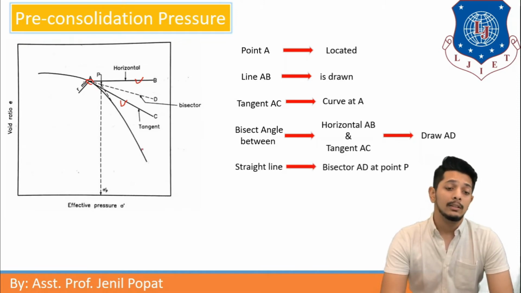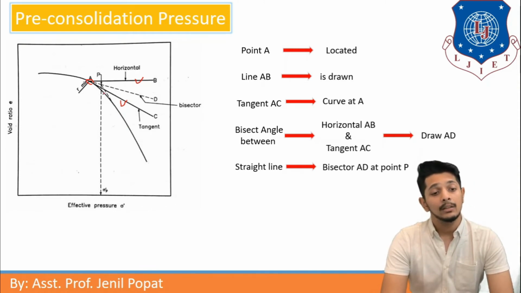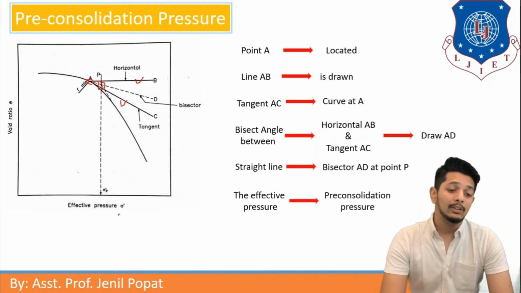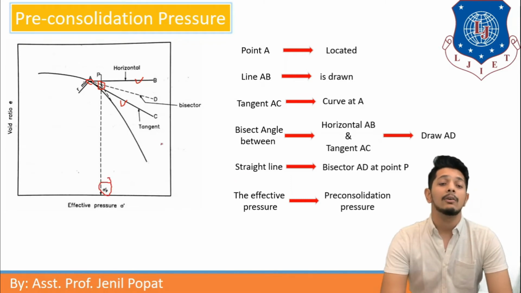Then the curve will be extended as a straight line to meet the bisector AD at point P. So I will obtain the point P, and the effective pressure sigma dash at point P, that is sigma P dash, is our pre-consolidation pressure. So this is the method to determine pre-consolidation pressure. This is an empirical method. So let us keep our session up to here.